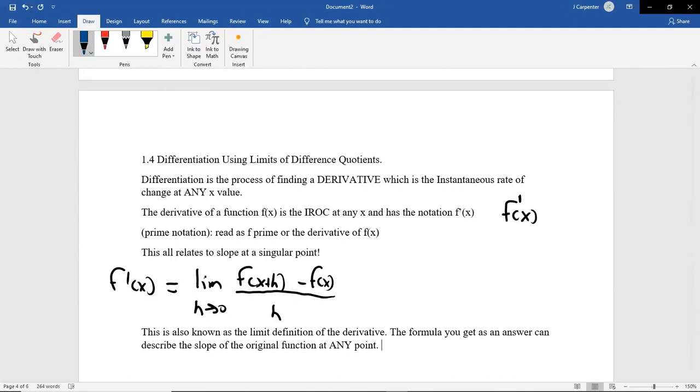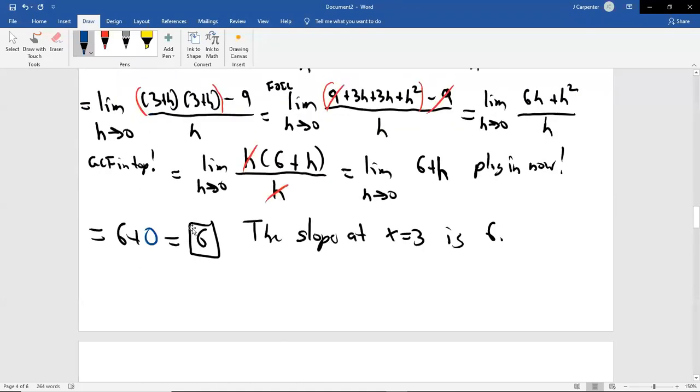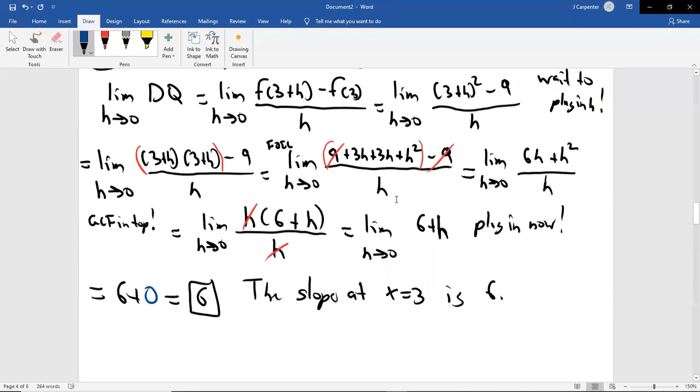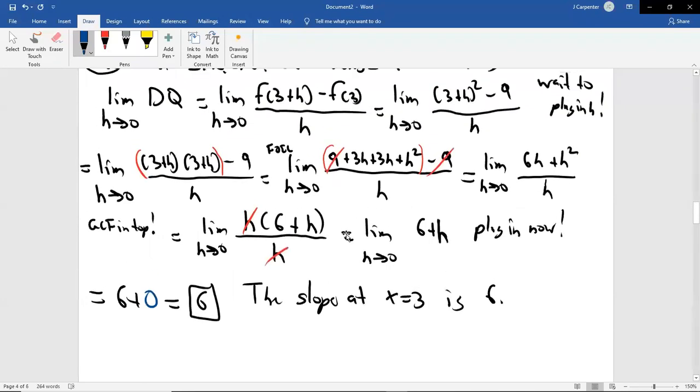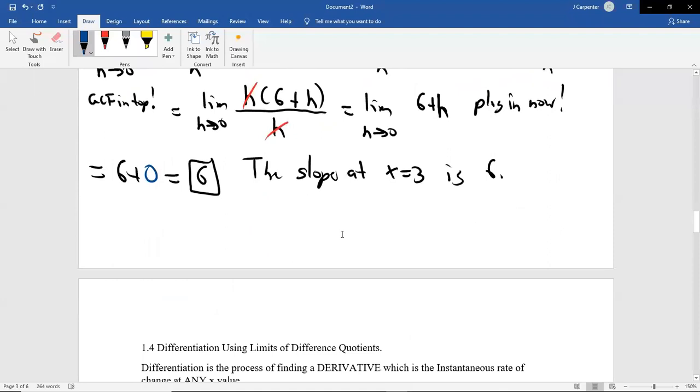So we don't have to do the difference quotient for an x value of 3, then at an x value of 6, then an x value of 9. You don't have to do all that crazy math we did last time. You just do it once, and then at the end, you get a formula to plug your numbers in that will be much, much simpler. Like me, I knew this answer was 6 because of that simple formula. It makes things a lot easier.